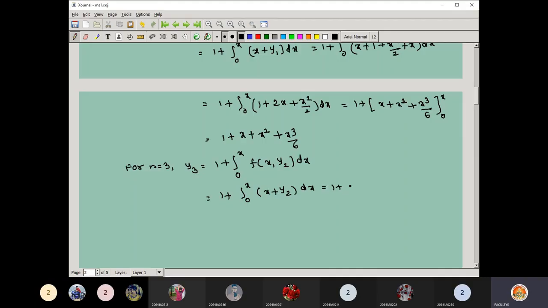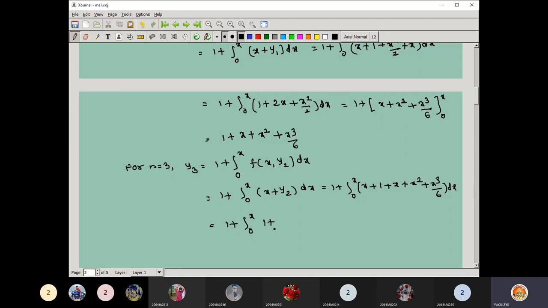So it is 1 plus, directly before taking the integration, x plus y2, we have already calculated its value: 1 plus x square plus x cube by 6. So just that y2 value is substituted here, and first you do the simplification: 1 plus integral 0 to x.